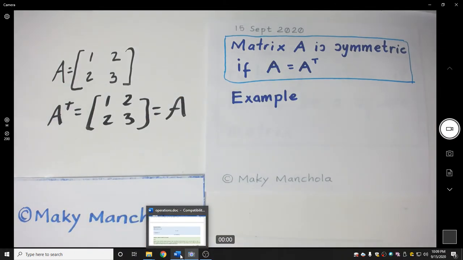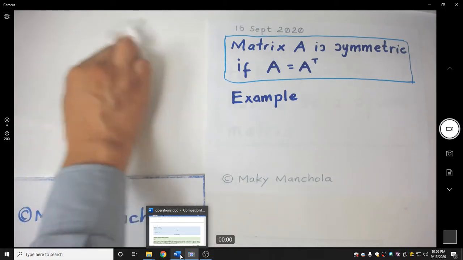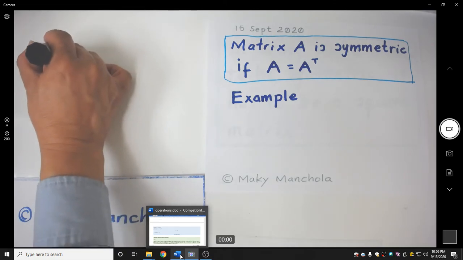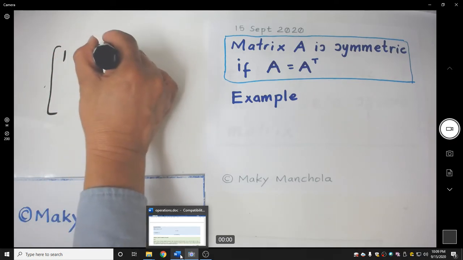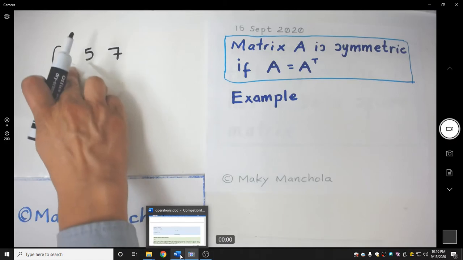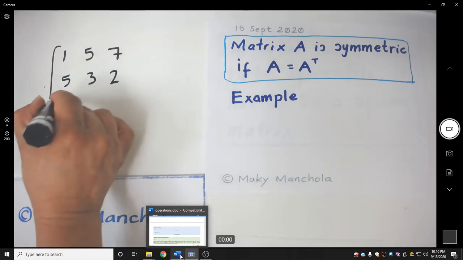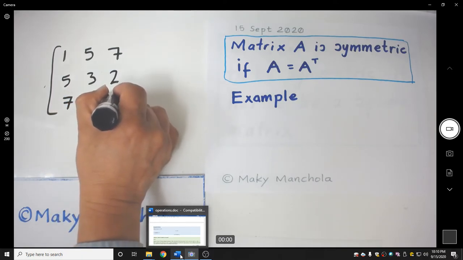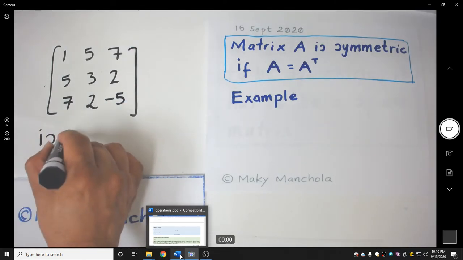Another example, let's try a 3 by 3 matrix this time. 1, 5, 7, 3, 5, 3, 2, 7, 2, -5 is symmetric as well.